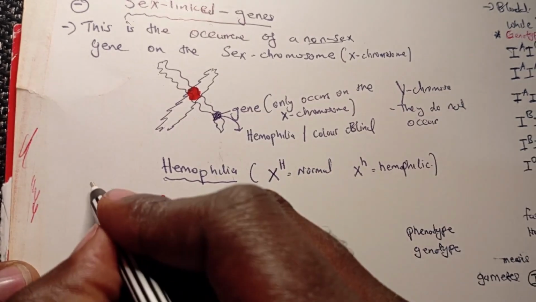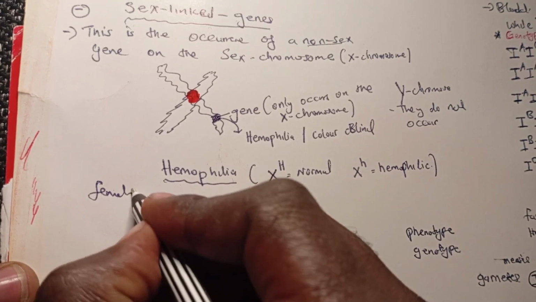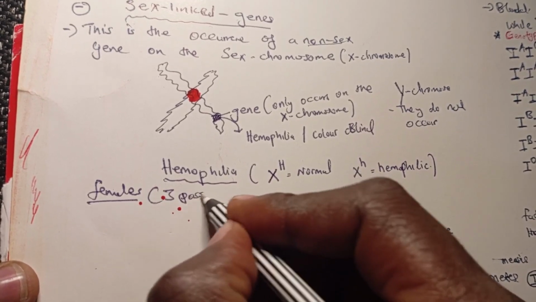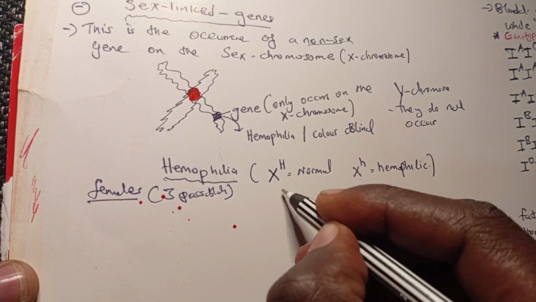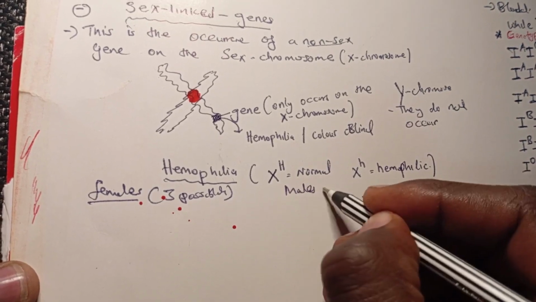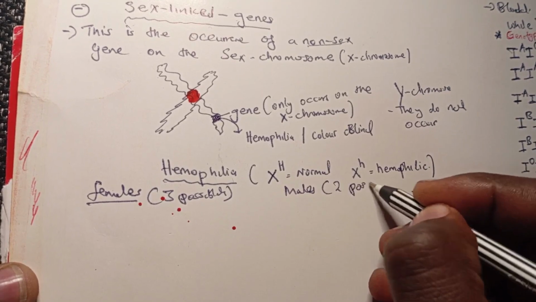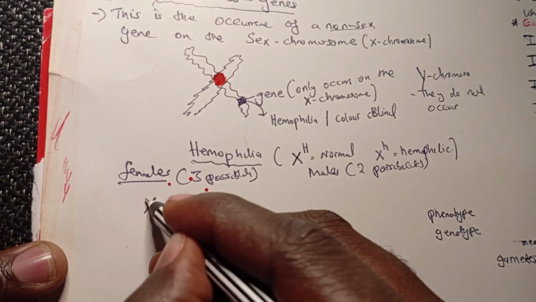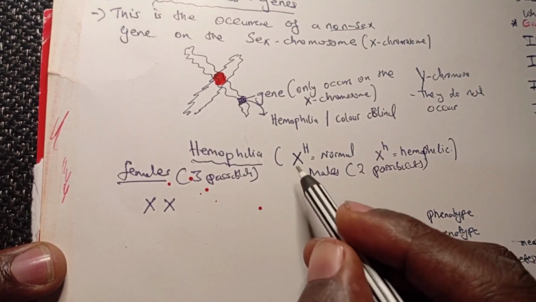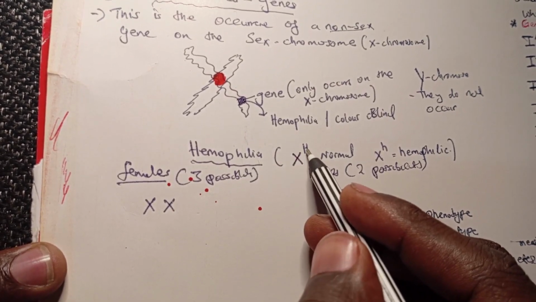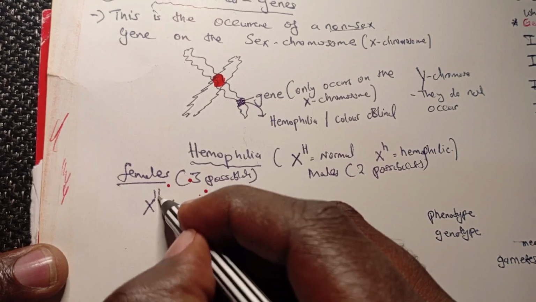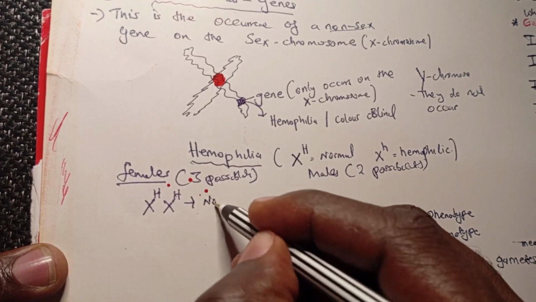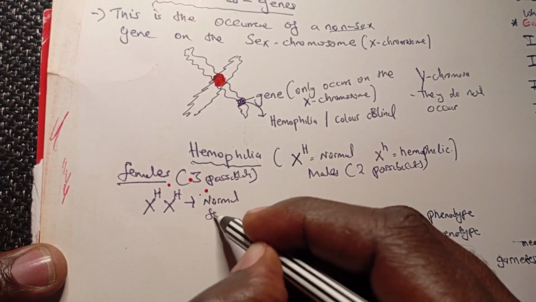So in females, you have three possibilities, and in males you only have two possibilities. Females inherit both X and X, right? If they inherit normal here and normal here, this is a normal female.